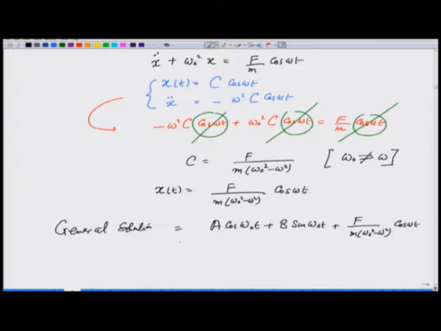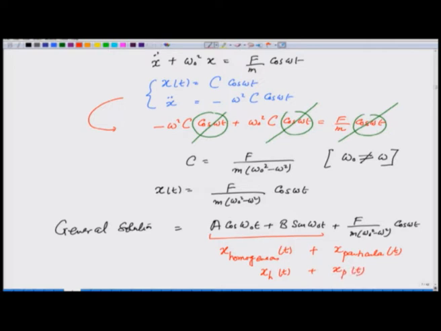I will call the first part x homogeneous of t, plus this I will call x particular of t. In short, I will write this as x h of t plus x p of t.